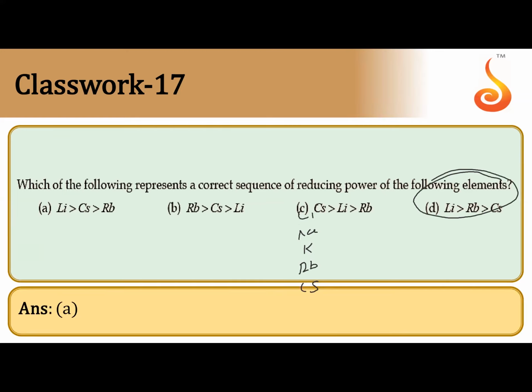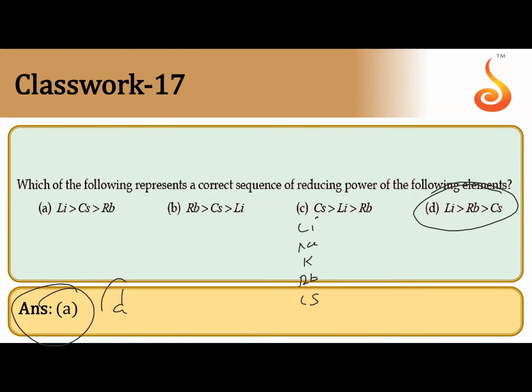Danyata, Ganashri, you are correct. Option D is correct. Children, please tick the correct statement. Lithium to cesium, option D will be correct. This answer was given wrong. I'm sorry. Kindly note down the correct answer. Thank you very much, children, for correcting me.